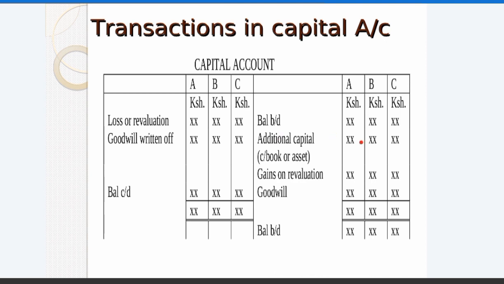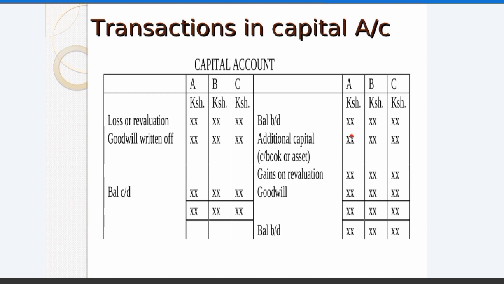That capital can change if, number one, there has been additional capital. So if the partners decide to add additional capital, then the capital will increase. So additional capital will increase the capital contributions of each member. It will depend on who has brought the additional capital. If it is partner A, then partner A's capital will increase.